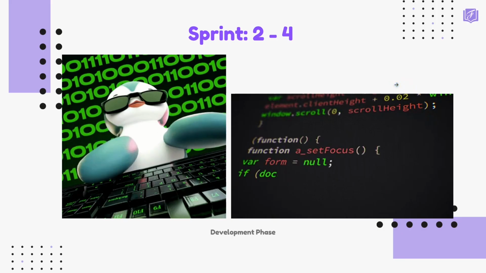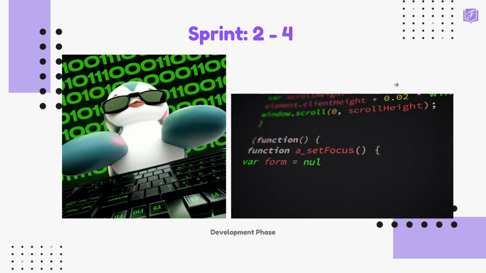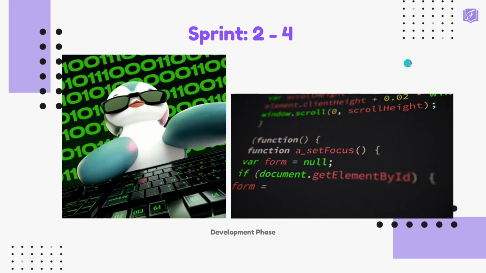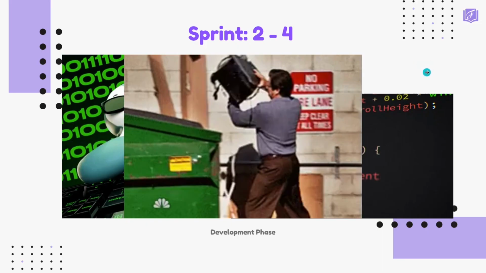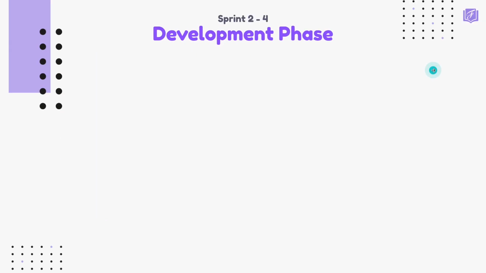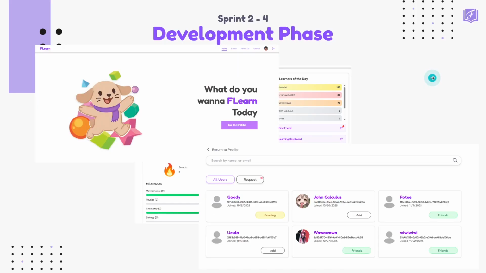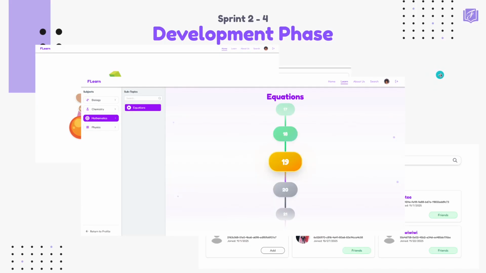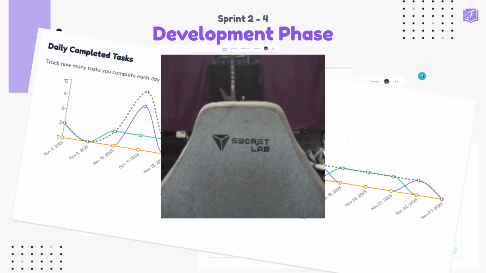Since we already deployed in sprint 1 when we set up the server, in this sprint we had nothing else to worry about. Since this sprint was mainly focused on development, it was chaos, and sometimes we crashed out. In these sprints we created a lot of features of the website: the profile, the learning, the search friend, the learning, which is the main feature of our website, and also the learning dashboard. Yeah, of course, we were dead.